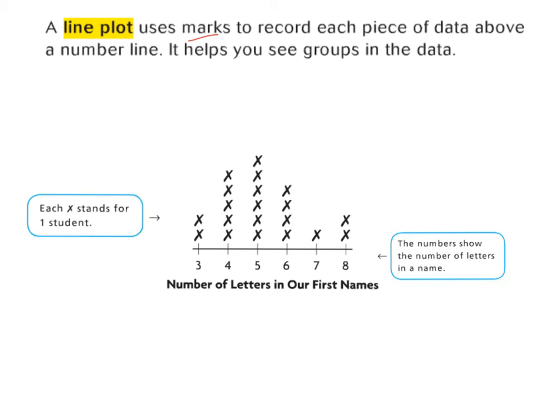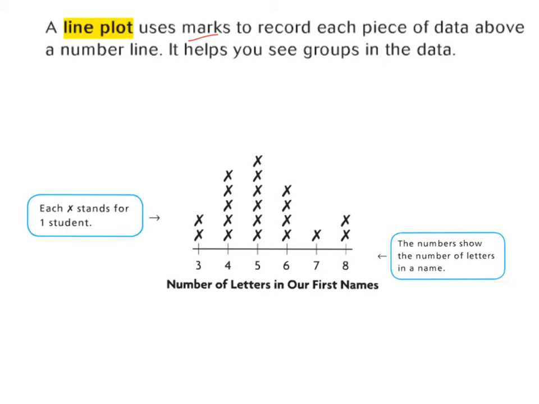So looking at this line plot, we can generate several facts. For example, we can tell from this data that more students have first names with 3, 4, or 5 letters than with 6, 7, or 8 letters.